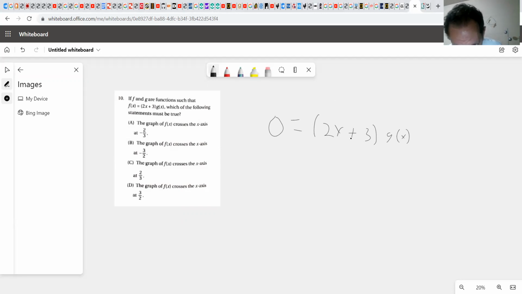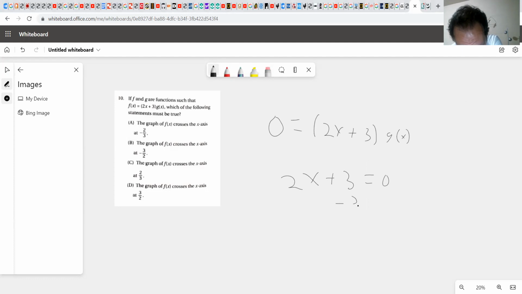So let me take this one, 2x plus 3, and set it to 0, because that would make it 0. So 2x plus 3 equals 0. Now let's solve for x, and that would help us find the x-intercept.